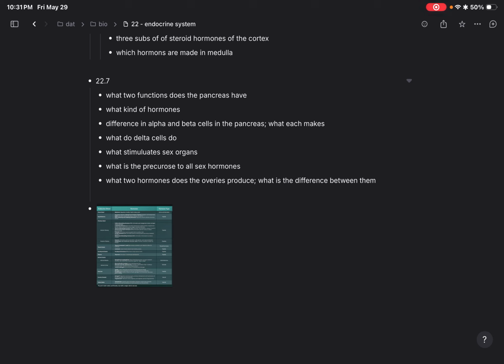Prostaglandins are local signaling molecules with multiple functions. In the semen, they cause contraction of the uterus. Wait, what? That is weird.